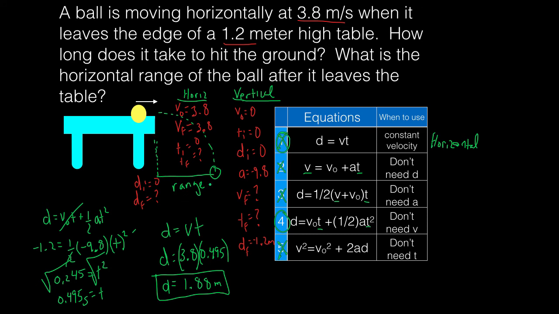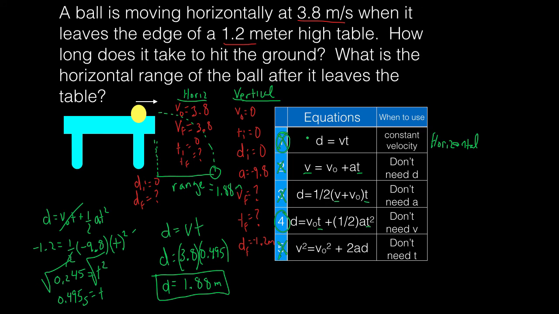So this range is equal to 1.88 meters. Okay, and that's how you would solve a problem like this. I think draw the picture, list your variables, and then pick your equations. If you solve for time vertically first, it will help you solve your horizontal displacement. And so hopefully that helps.